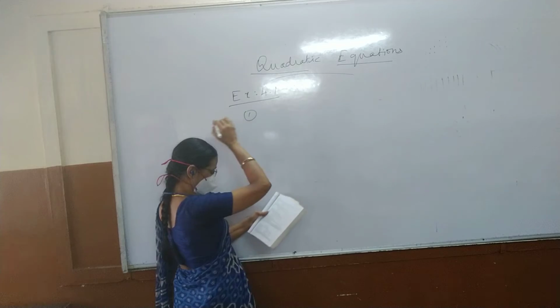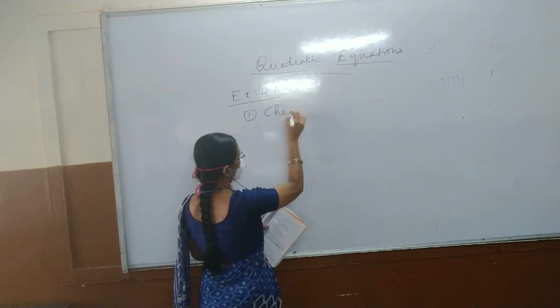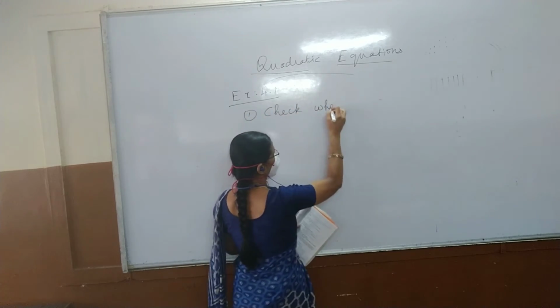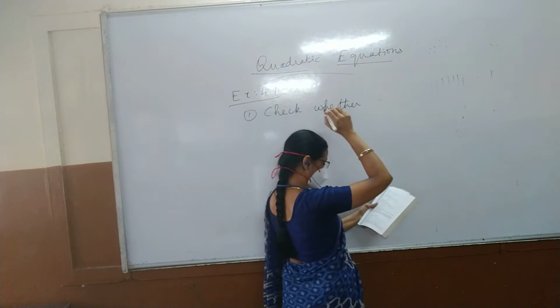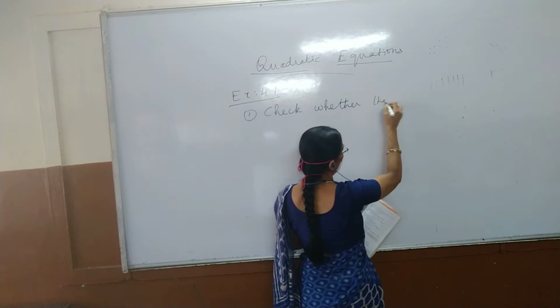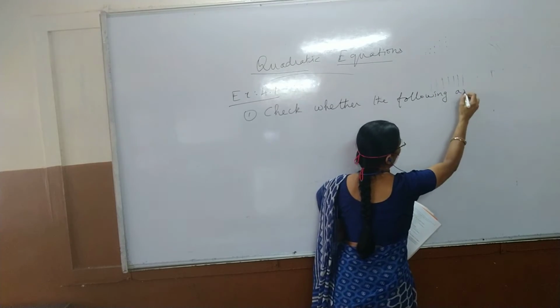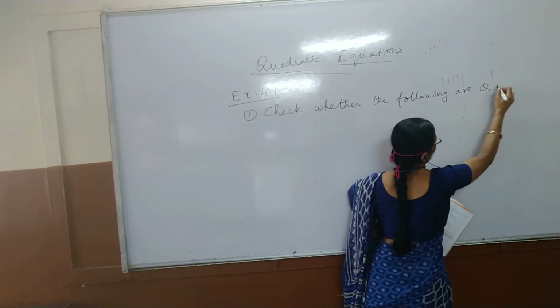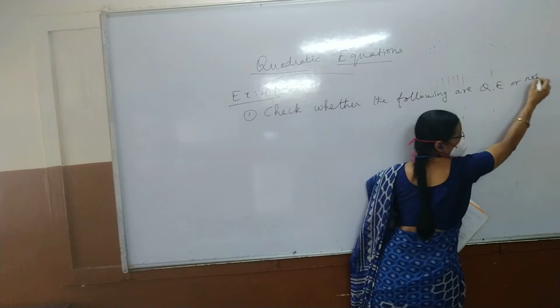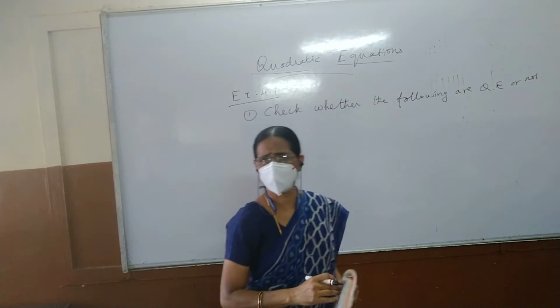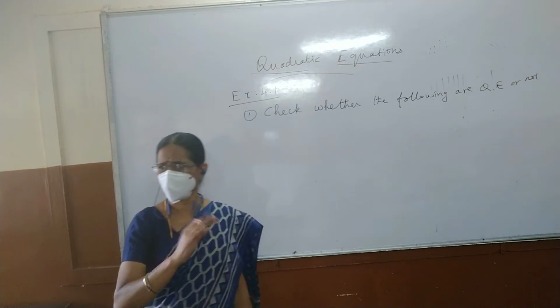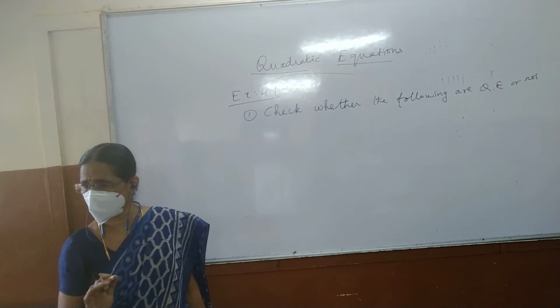In 4.1, the first question is: check whether the following are quadratic equations or not. Sometimes, looking at the equation, we can say whether it is quadratic or not.